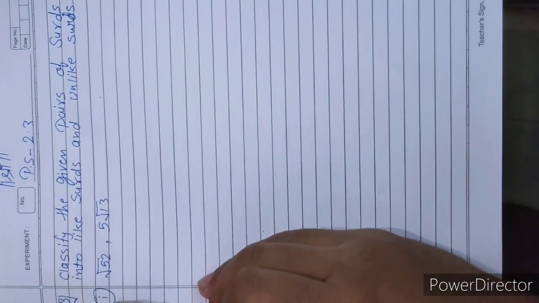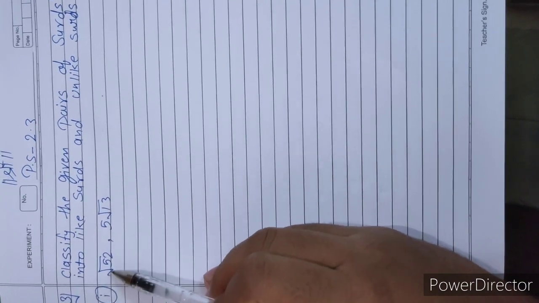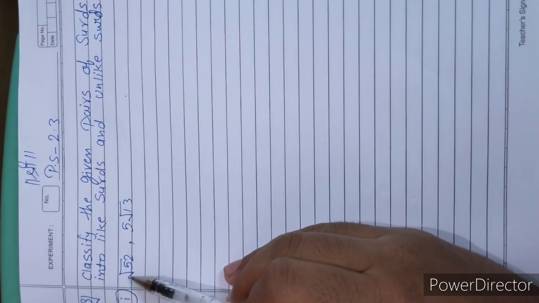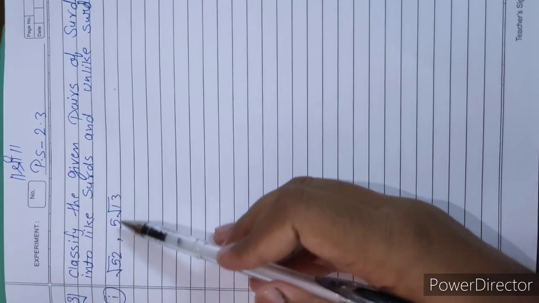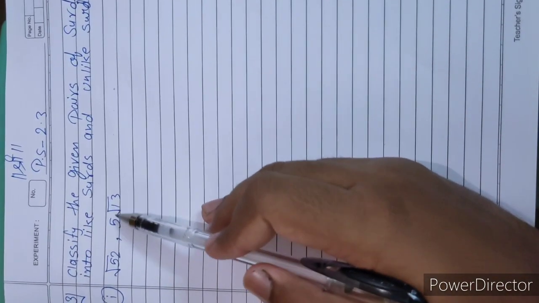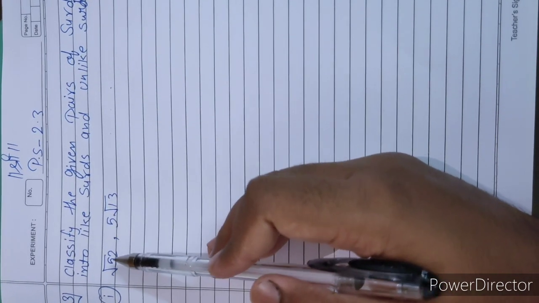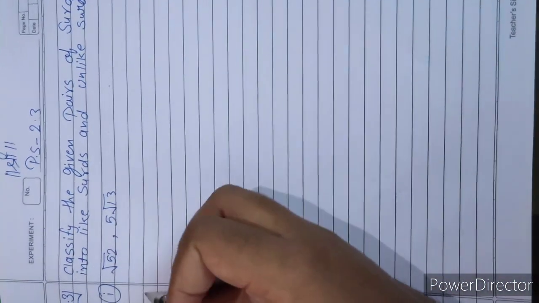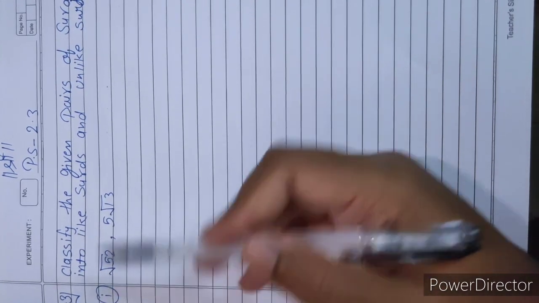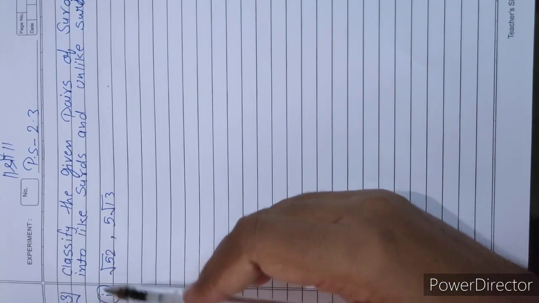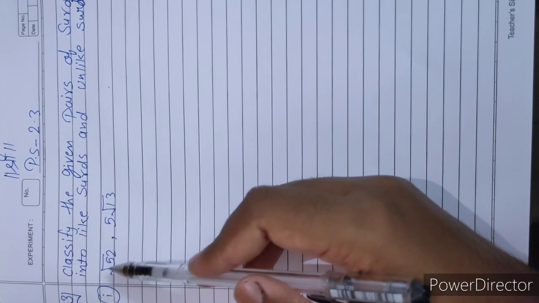Let's read sub-question 1. Here we have two surds. The first one is root of 52, and the second one is 5 root 13. First tell me, what is the order of the first surd? Order is not mentioned here, so the order is 2.